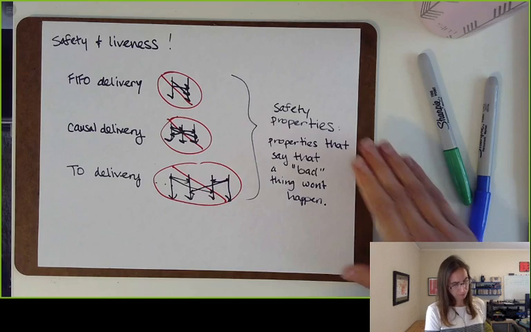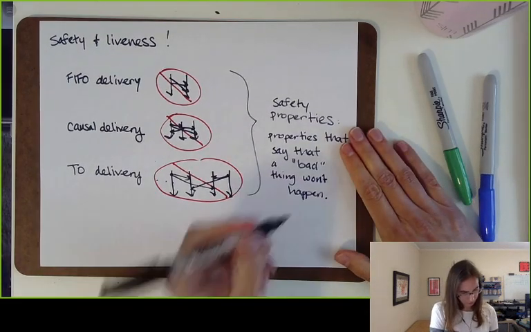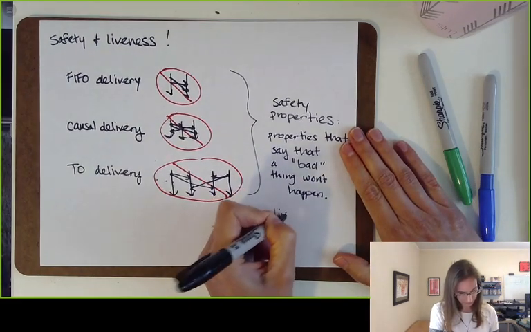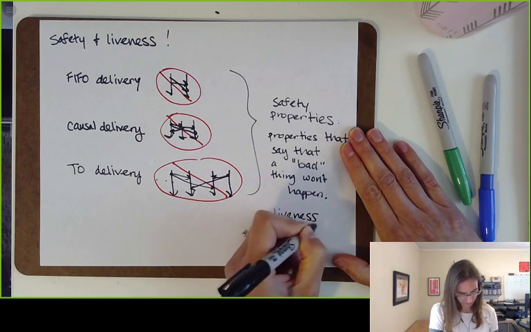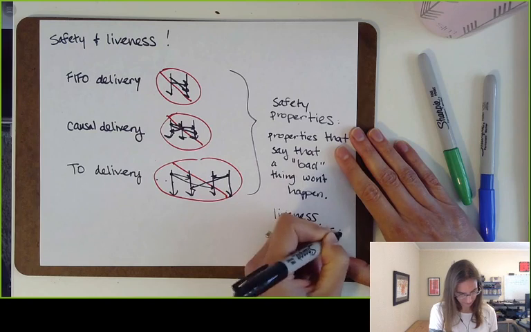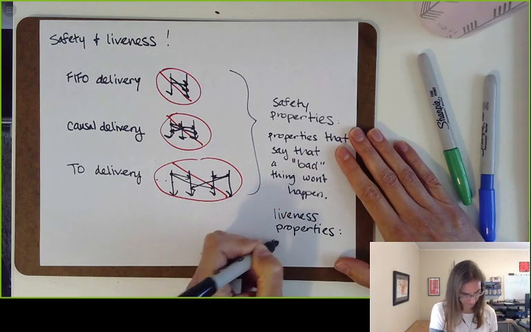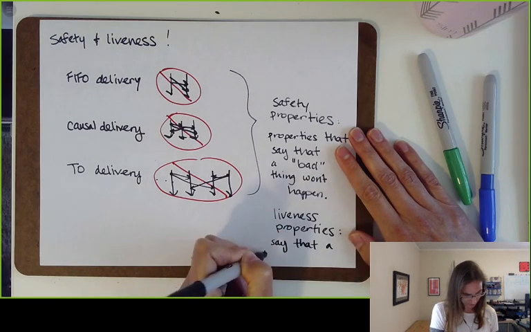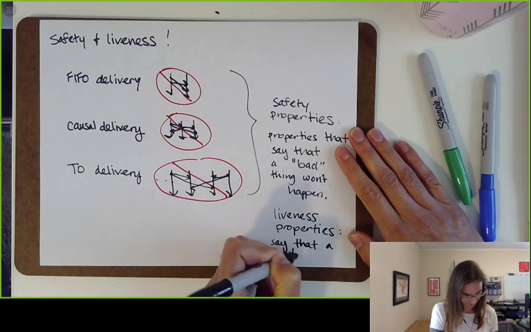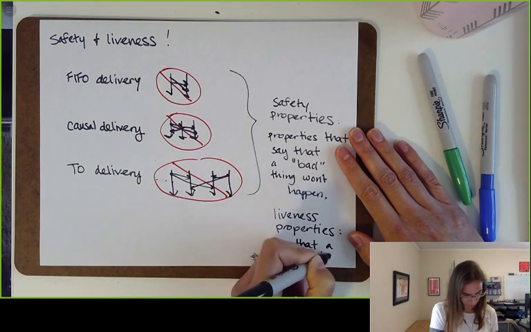Good. A liveness property says that a good thing will happen.